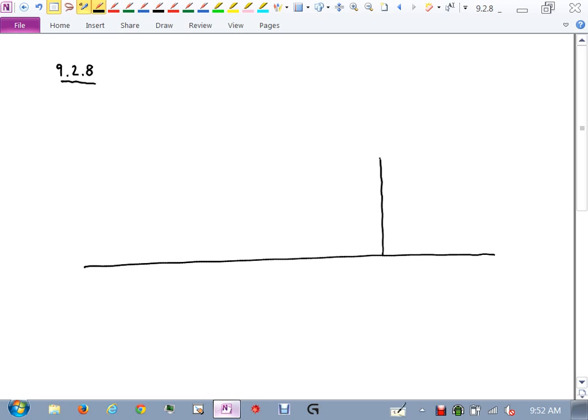Let's say that we have a building that we want to figure out how high it is, how tall it is. Okay, so we've got the ground here. We've got this huge building. Skyscraper.